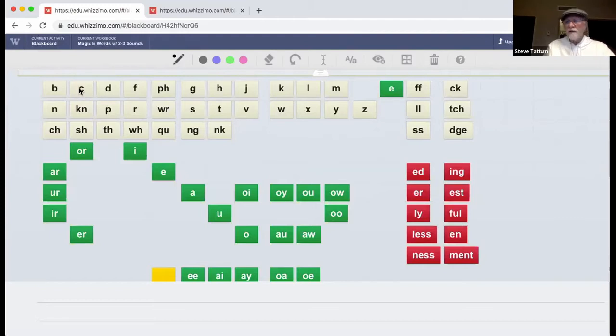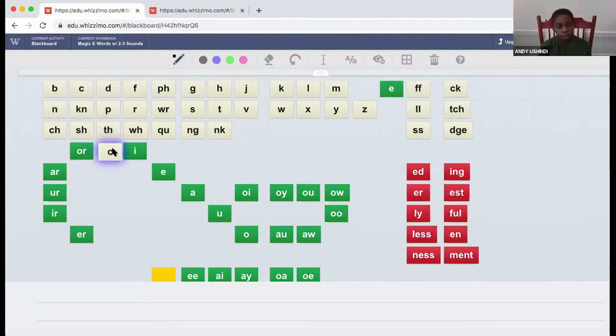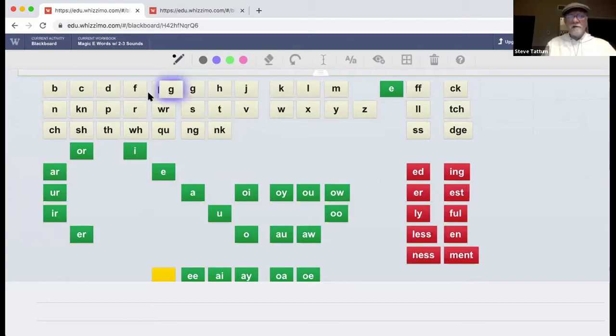All right, we're still in reading the sounds. I just taught Andy yesterday the soft C and G. Let's see if you remember. Give me a K or an S. Go ahead. You said S. G or J?